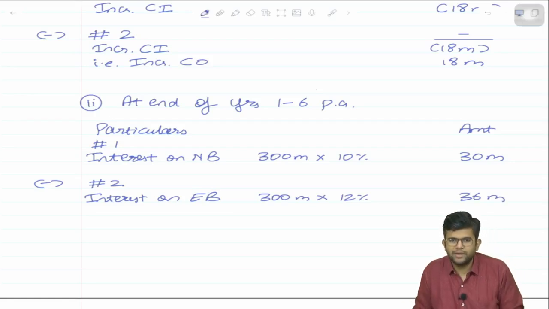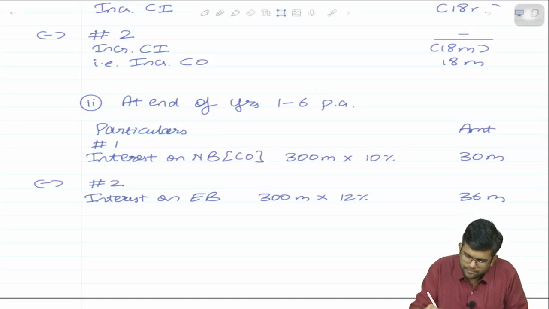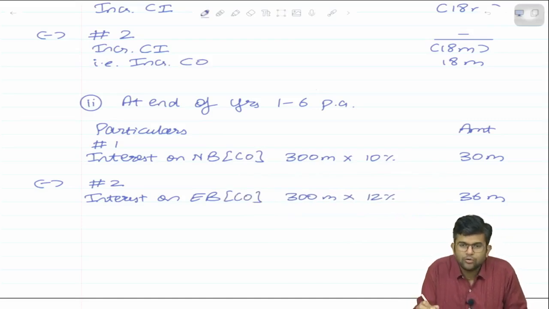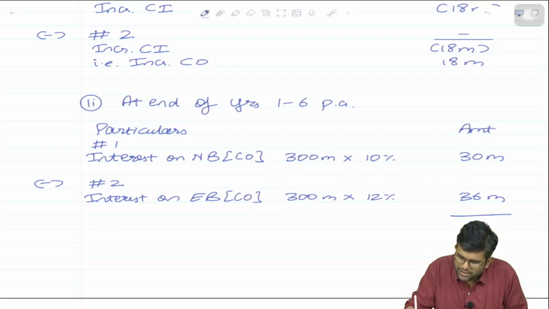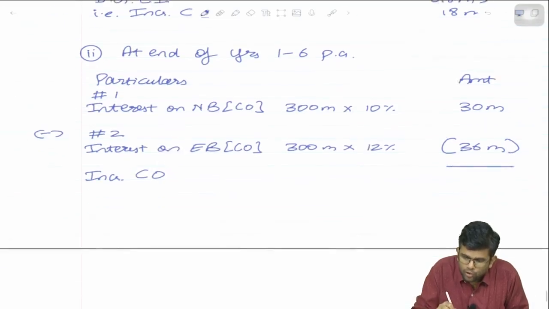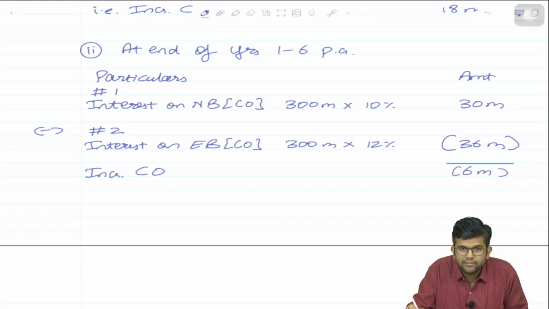interest on existing bond, 300 million into 12%, that is 36 million. Everyone clear? 36 million. Now if you notice this, hold on, this is a cash outflow, this is a cash outflow. So do you realize incremental cash outflow is negative 6 million.